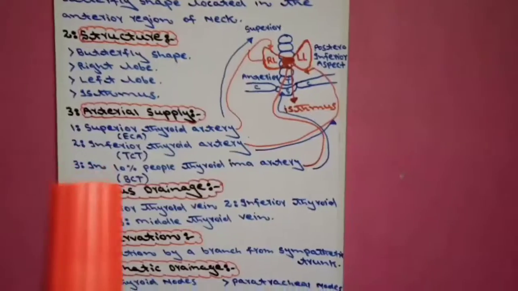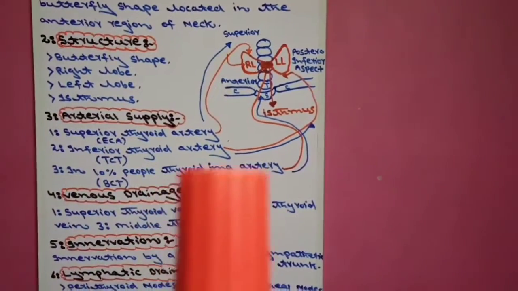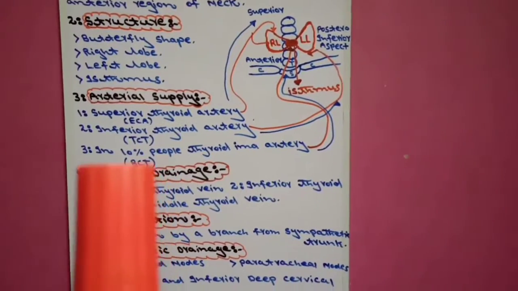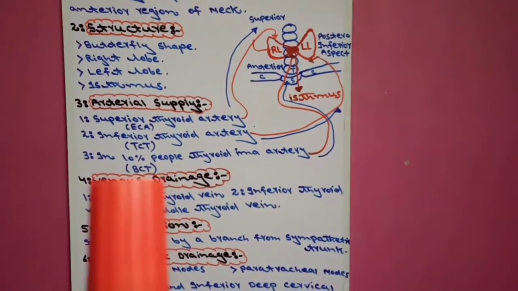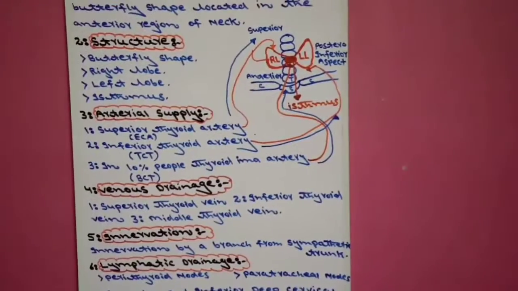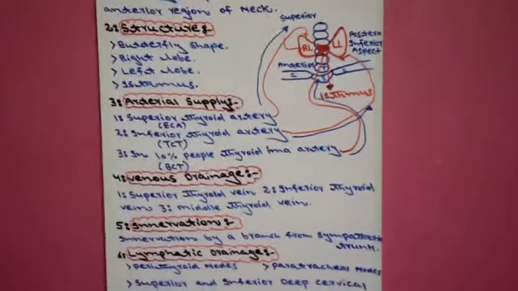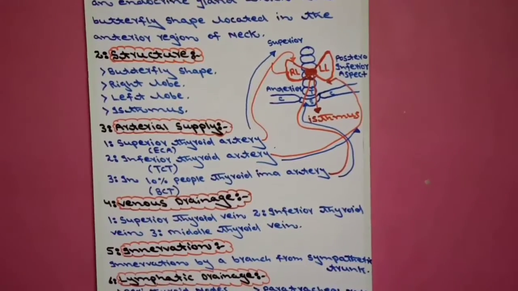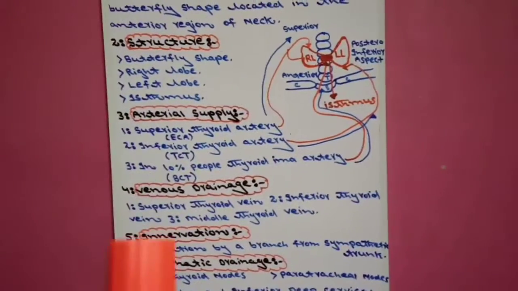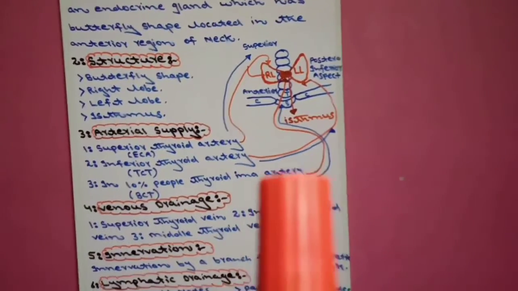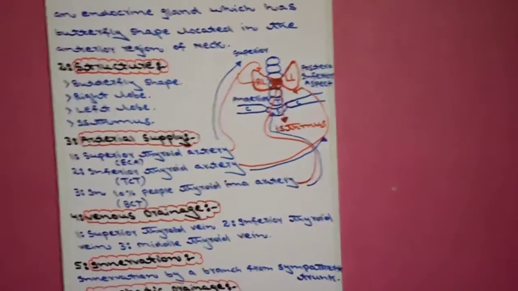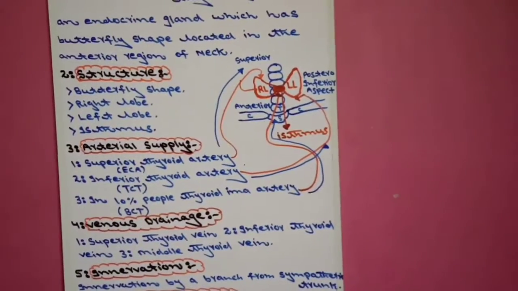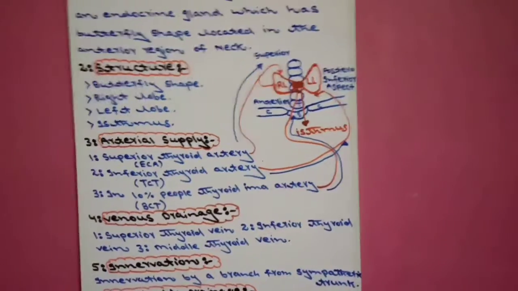Now, the third artery is thyroid ima artery, which is a branch of brachiocephalic trunk. This artery, thyroid ima artery, is present in only 10% of people. And it also supplies two regions: one is isthmus and other is anterior region of thyroid gland.